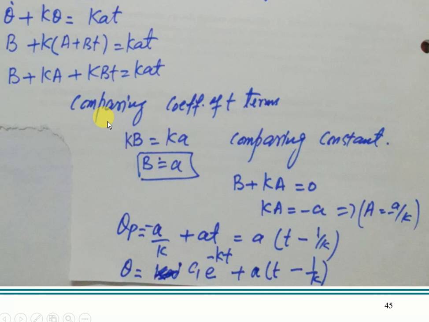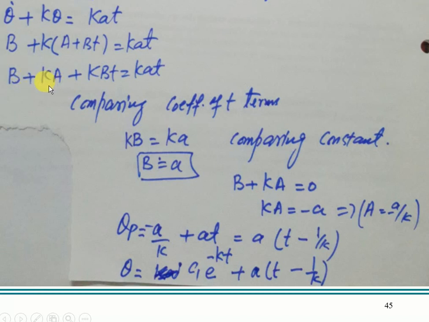Now we compare the coefficients of the constants and the t, and we find the values of a and b. If I take the coefficient of t, then of course kb is equal to ka, so b is equal to a. And then I compare the constants.